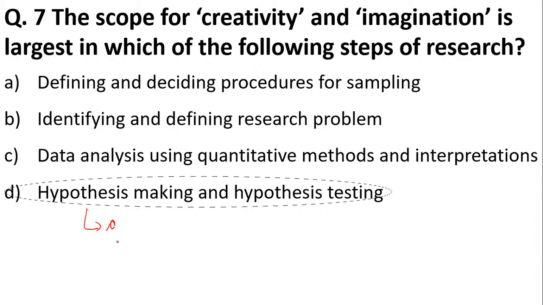Actually, it is a guess of what will be the result of your research. It may not be true, but it is a thoughtful guess. So at that time, the scope of creativity and imagination is the highest. Okay. So a hypothesis is a statement of what will be the result of your research.